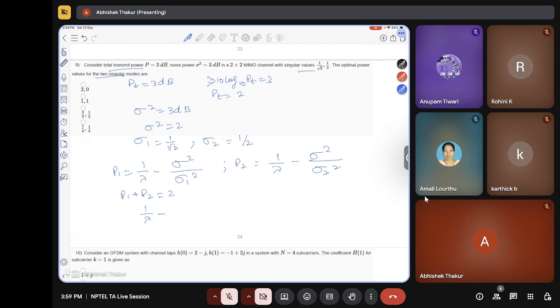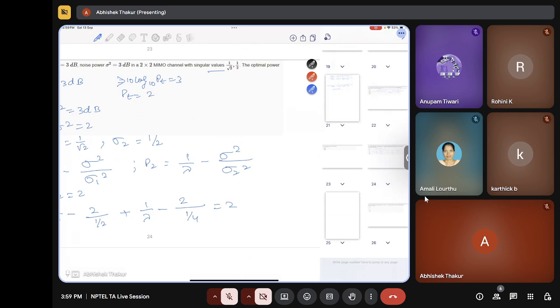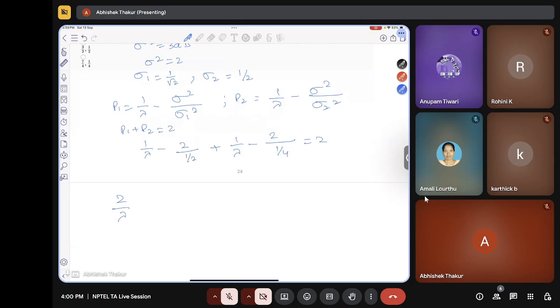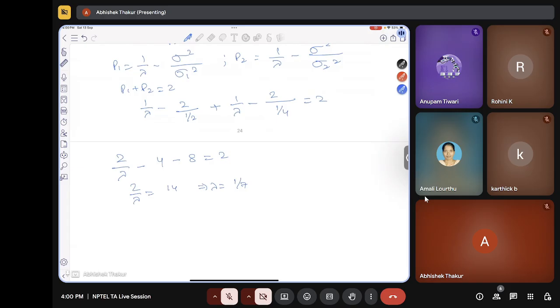So 1 by lambda minus 2 by 1 by 2 plus P2, which is 1 by lambda minus 2 divided by 1 by 4, and this is equal to 2. So 1 by lambda is equal to 7.